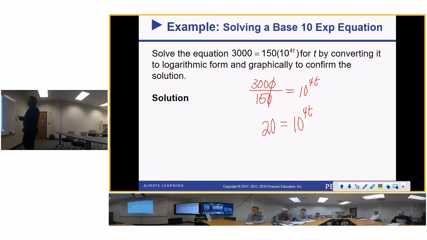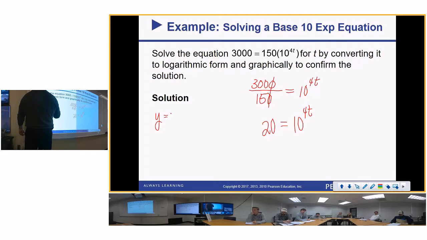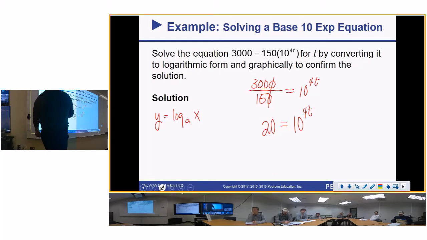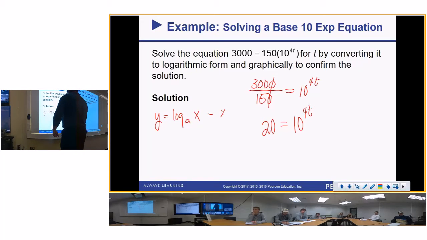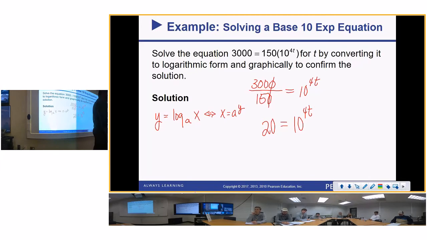Now, let's go back to the definition of a logarithm. y is equal to the log base a of x, and that's equal to x is equal to a to the y power. Somebody check, make sure I didn't mess it up. I do use a instead of b.